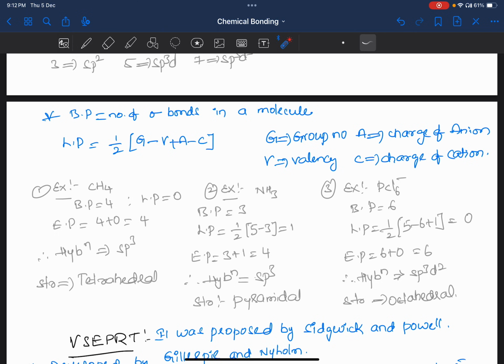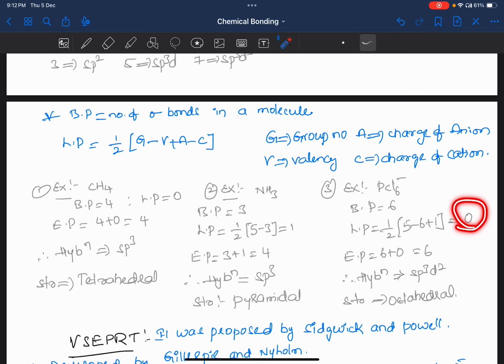And next example, PCl6 minus, the hexachlorophosphate ion. Now here, bond pairs are 6, and lone pairs are half of (5 minus 6 plus 1). Phosphorus is a fifth group element, no? Its valency is 6, plus the charge of anion, which is 1.